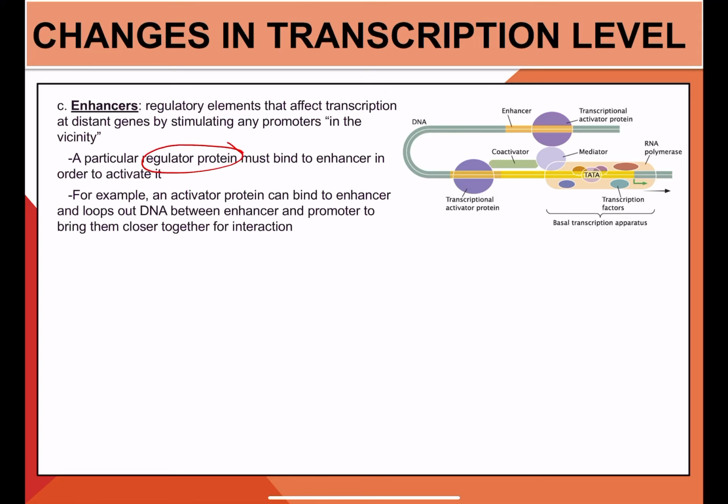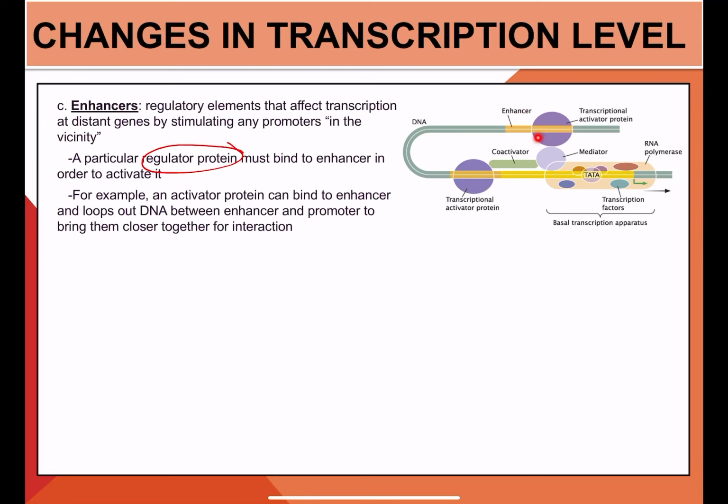So, for example, an activator protein can bind to the enhancer site. Here's that other part I wasn't talking about in the last slide. In this section, you have an enhancer separated by some stretch of DNA, then another regulatory promoter region, the core promoter region, and then your actual gene. This enhancer is not part of the gene whatsoever, neither is it part of the promoter.